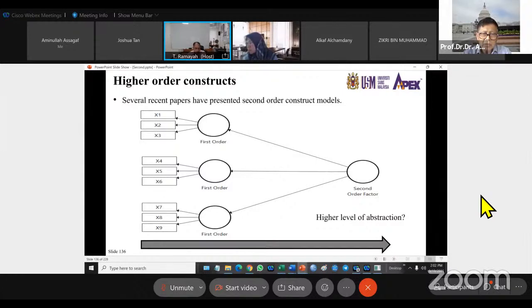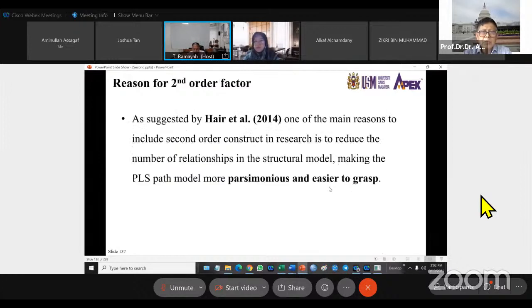One of the reasons why we do second order modeling is given in the book by Hair in 2014: to reduce the number of relationships in the structural model, making the PLS path model more parsimonious and easier to grasp. That's the reason why we do second order.